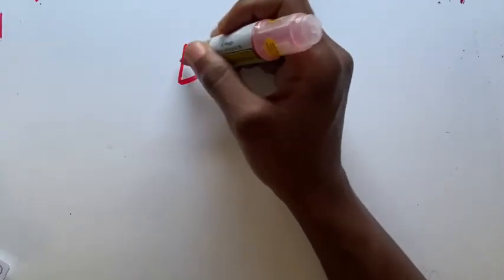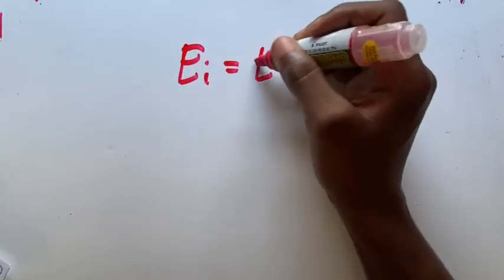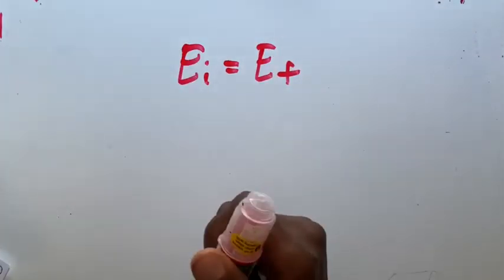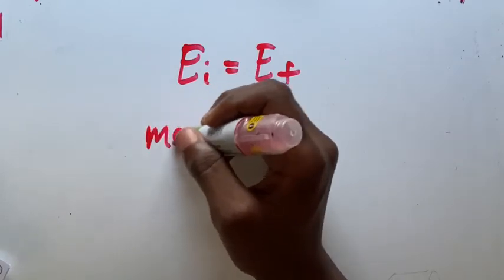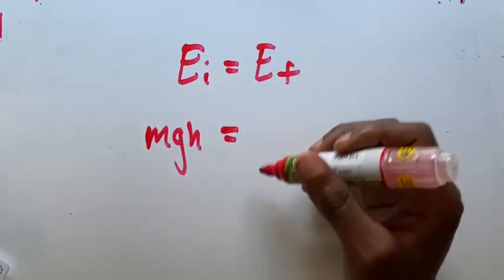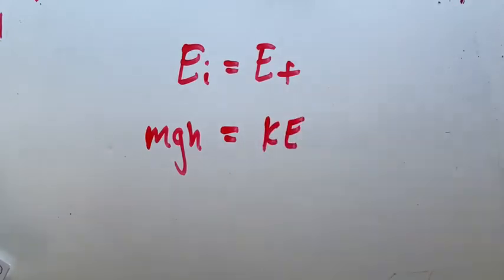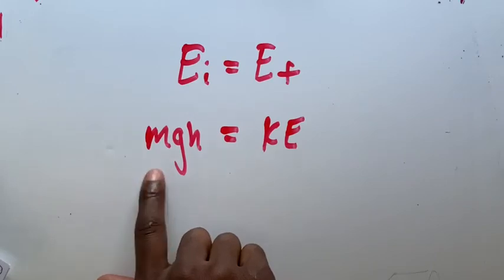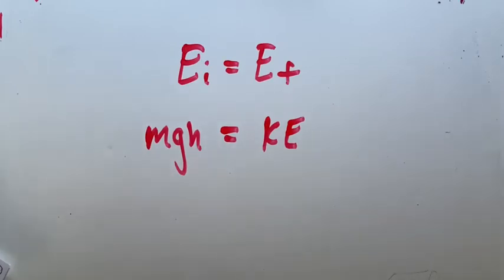So we could say initial energy equals final energy. His initial energy is related to his height. It's going to be mgh, and that's going to be equal to his kinetic energy. So his kinetic energy is going to be equal to his initial potential energy.